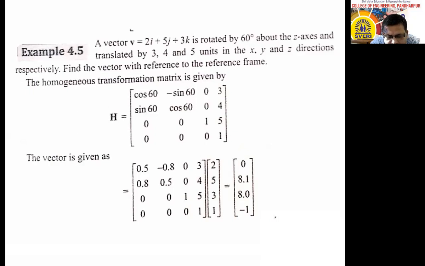Therefore, which is equal to 0, 0, 8.1, 8.0, -1.